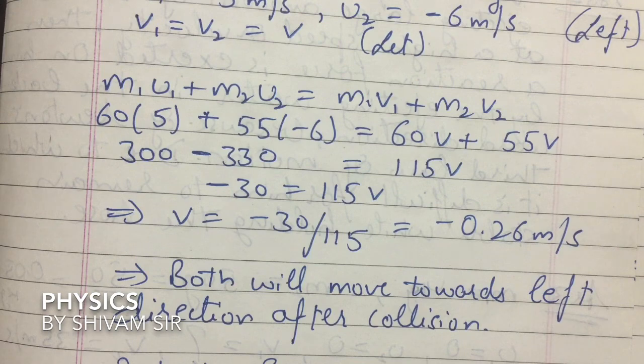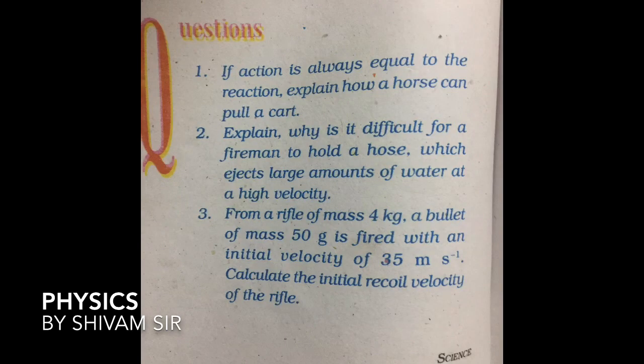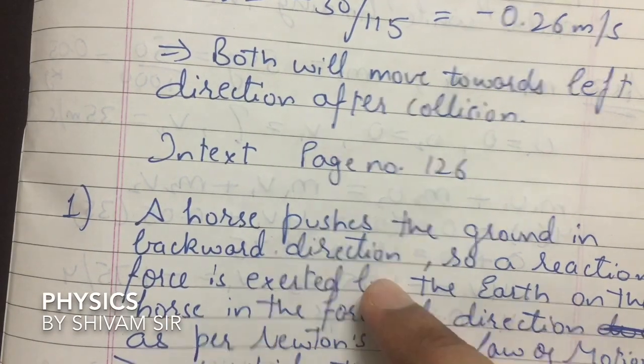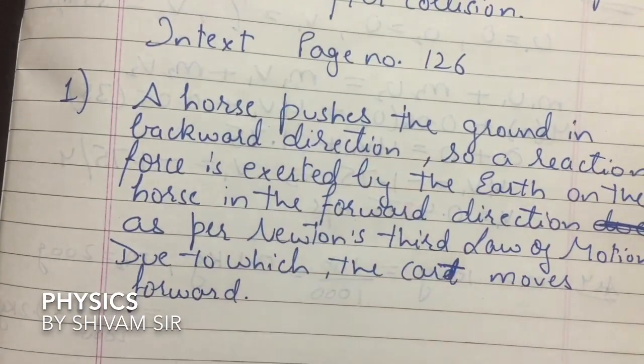Let's move on to in-text questions which are available on page number 126. Question number one: if action is always equal to reaction, explain how a horse can pull a cart. So we all know while moving, a horse pushes the ground in backward direction.